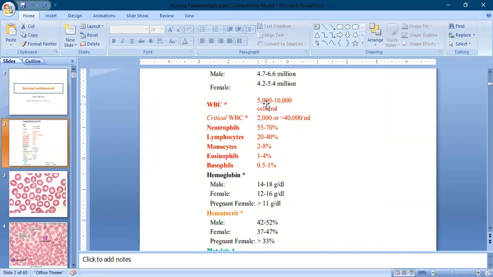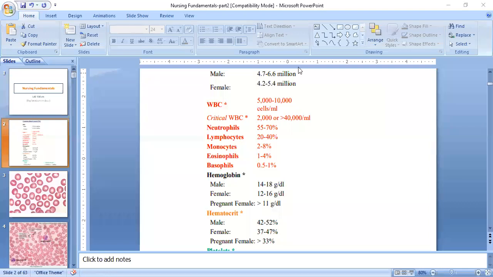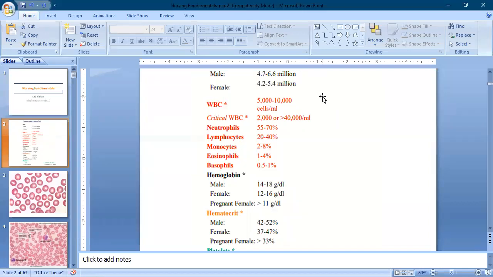Okay, so if the WBC is less than 5,000 or less than 4,000, we call it leukopenia. So leukopenia can indicate the presence of autoimmune disease, bone marrow suppression, or drug toxicity.